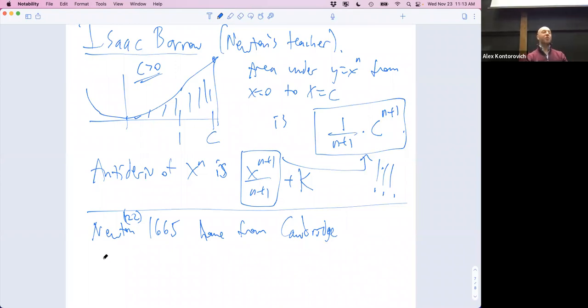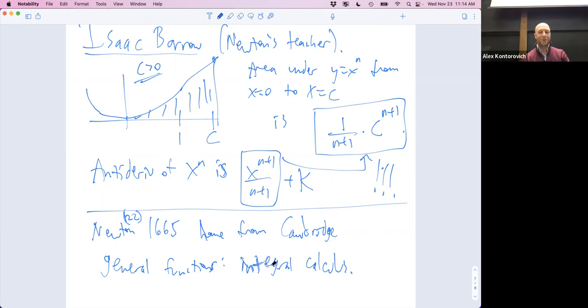He generalizes this. He's aware that there's some relationship like this already. But he shows for general functions, he basically invents differential calculus and integral calculus. So these areas are going to be called integrals.